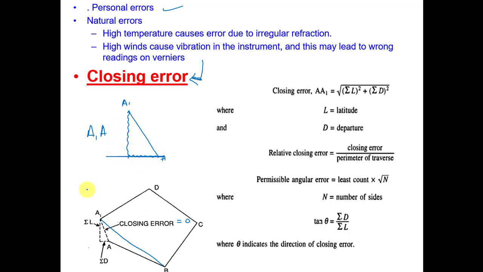So the summation of L and the summation of D is not equal to 0, which means we have some closing error. Now we are going to distribute this error, the total latitude error as well as the total departure error, over the length of the whole figure's sides.